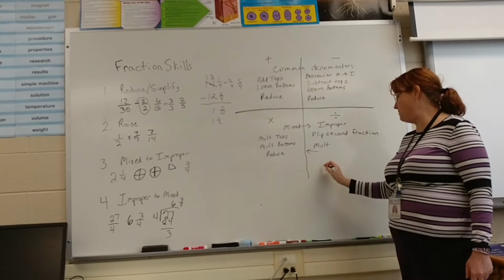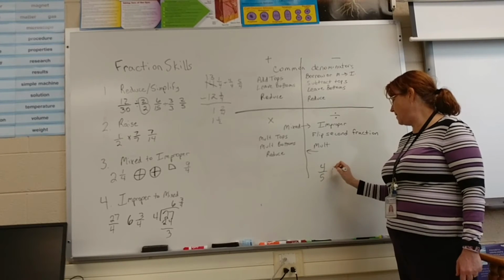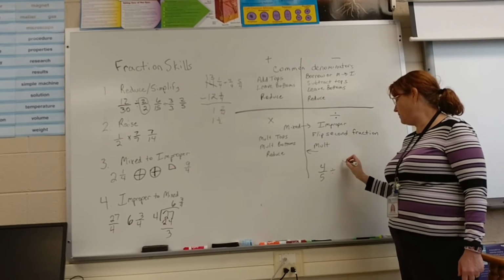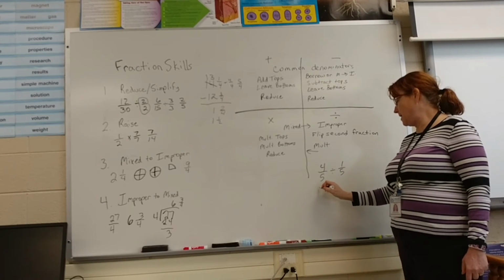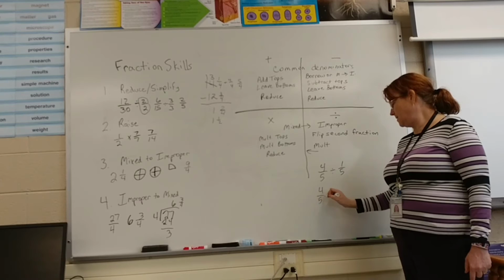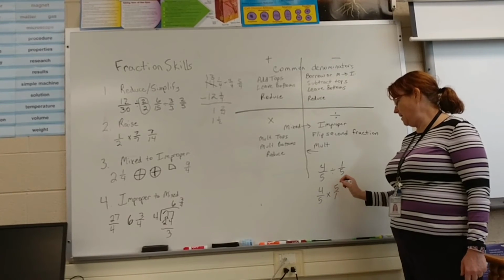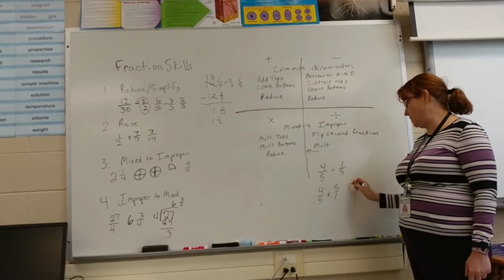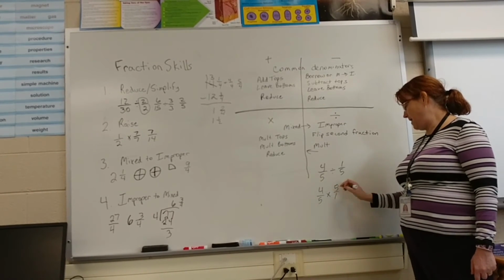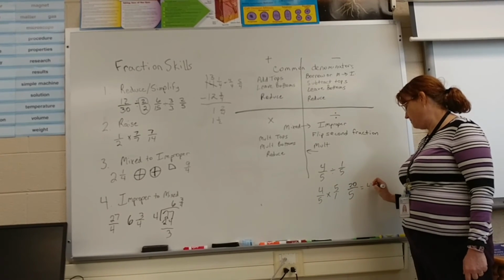So an example of that might be 4/5 divided by 1/5. So I'm going to say 4/5 times 5/1. I can cross cancel if you understand how to do that, but if you don't, you just say 4 times 5 is 20. 5 times 1 is 5. 20 divided by 5 is 4.